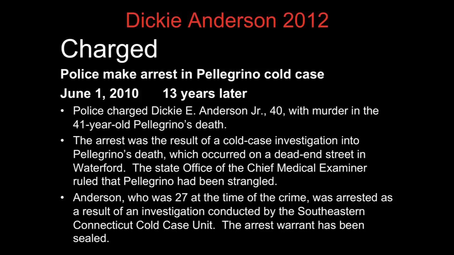The arrest was the result of the cold case investigation that went 13 years into the investigation of Pellegrino's death. Anderson, who would have been 27 at the time of the crime, was arrested as a result of the cold case investigation conducted by the Southeastern Connecticut Cold Case Unit.